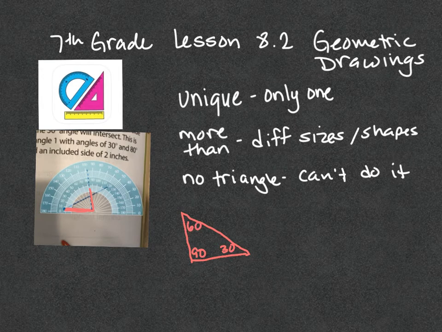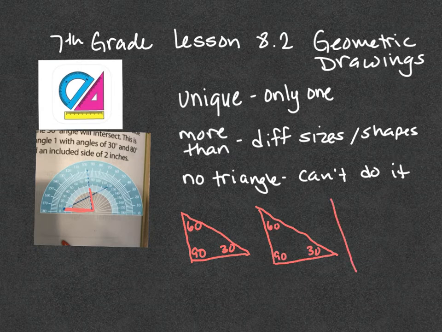I can have that same triangle with the same angles and have it be bigger, and it will still have the same angles. And I could have it even be bigger, and it will still have the same angles. The angles don't change. If I put a protractor on those angles, that doesn't change.